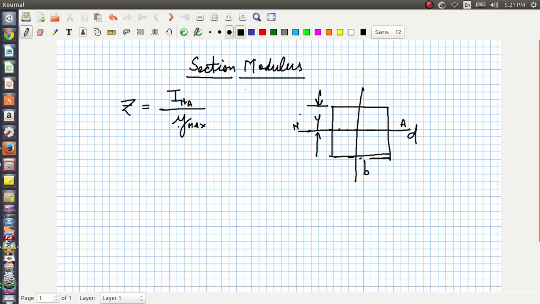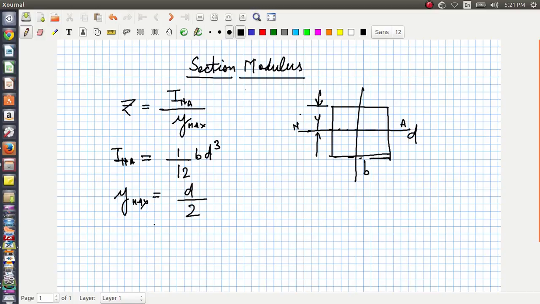Now let's calculate the mathematical expression for this in the case of a rectangular cross section. The moment of inertia about the neutral axis, the standard formula, is 1 by 12 b d cube, and y max is going to be d by 2. It is half of the total depth.